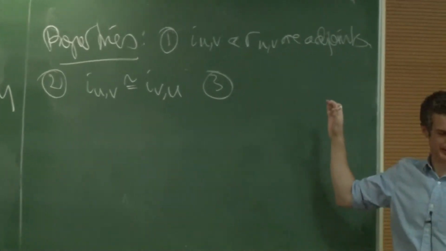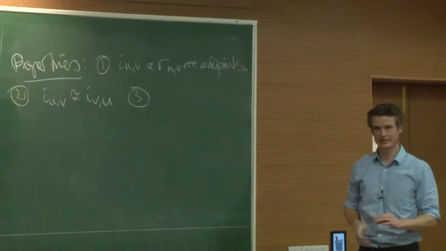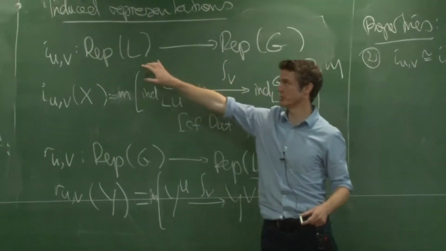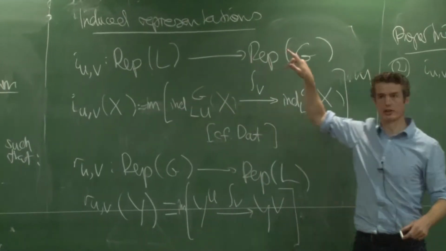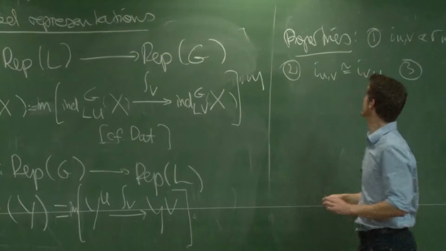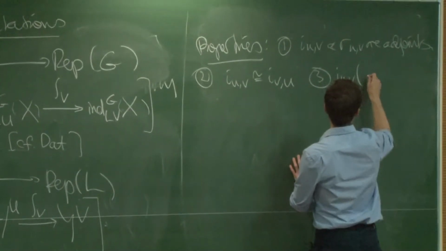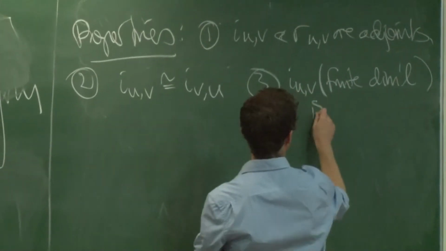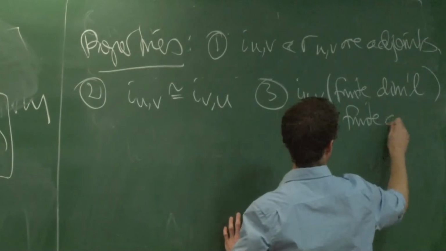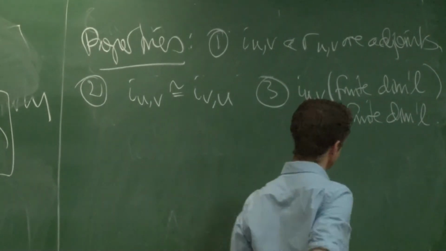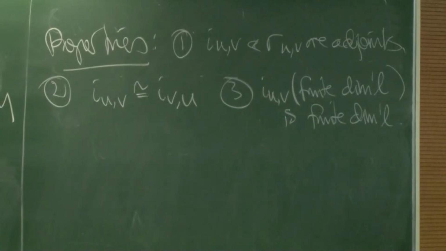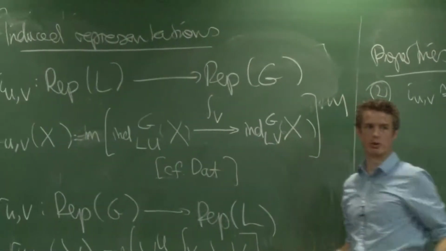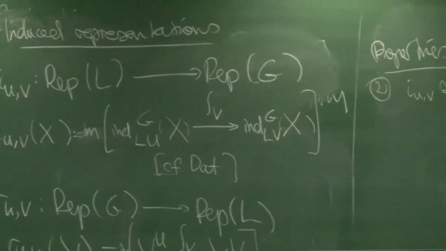Thirdly, and the key, well, at least one key property based on everything I've told you so far, is that this functor, this induction functor, does take finite dimensional representations of L to finite dimensional representations of G. Okay, that's not immediately obvious, I don't think, because we're taking the image of some intertwining operator between two manifestly infinite dimensional representations, but it turns out the image is always finite dimensional.